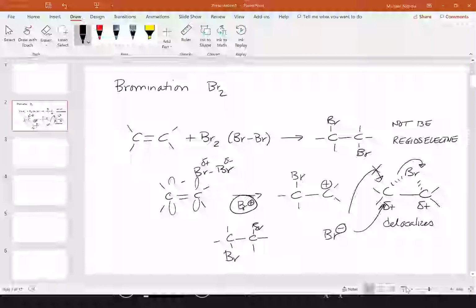And we'll talk about which carbon it would really add to in a minute, but it doesn't really matter what carbon we're adding it to at the moment. Okay, so the triangle blocks the addition.